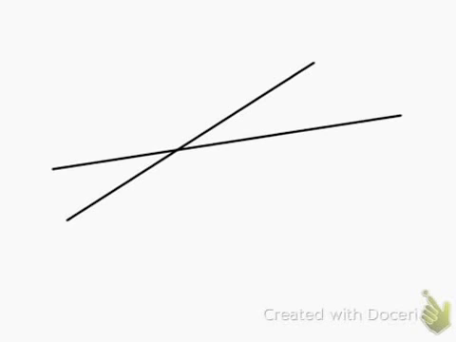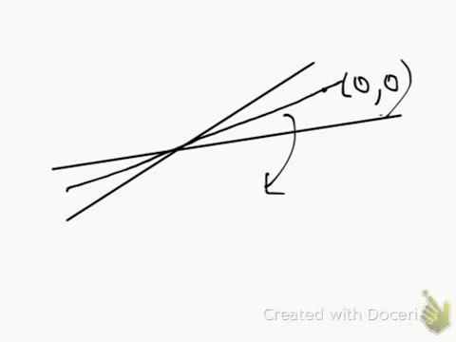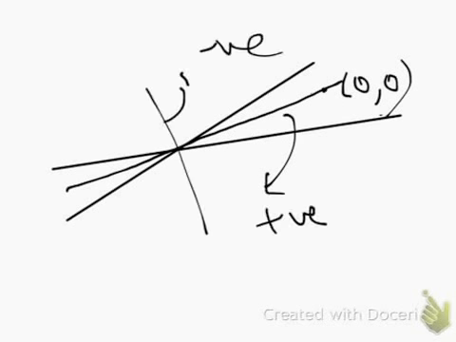Now suppose that we have two lines like this and somehow the origin lies in the acute angle region. Then the equation of the bisector which is passing through this would be the positive one and this will be the negative one. And if the origin lies here, then it will be the opposite.